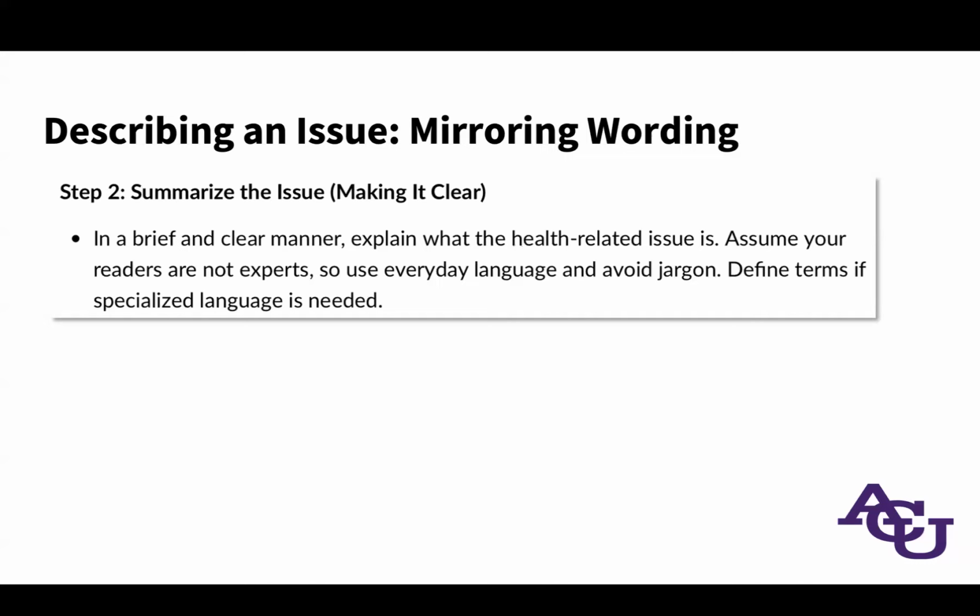So to read the instruction in a brief and clear manner, explain what the health-related issue is. Assume your readers are not experts, so use everyday language and avoid jargon. Define terms if specialized language is needed. And so fundamentally, this is going to have sentences like, this thing is that thing.